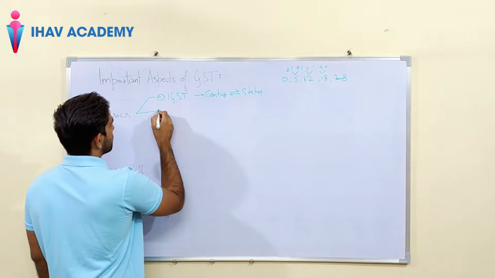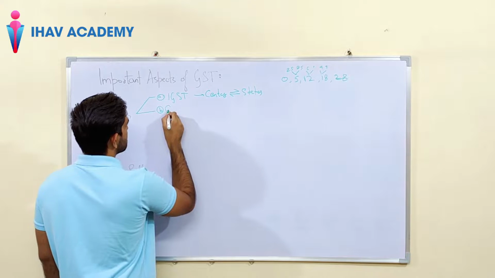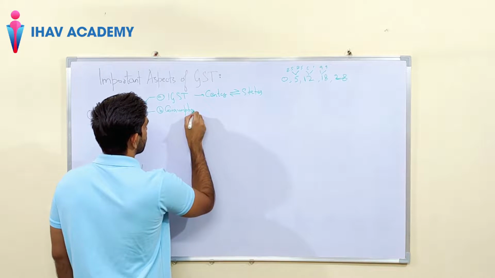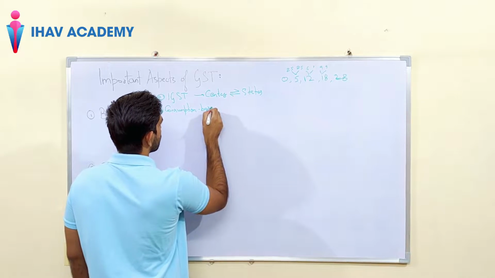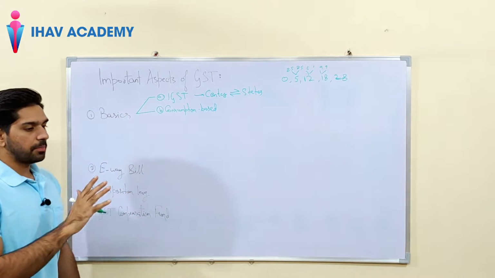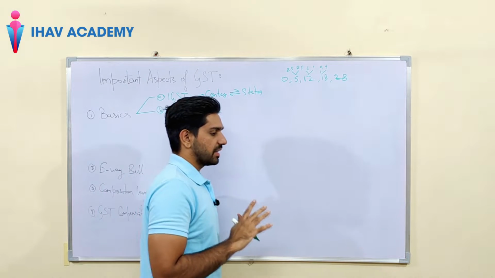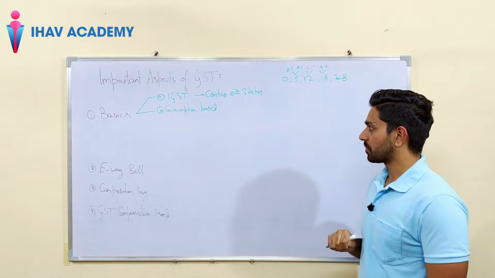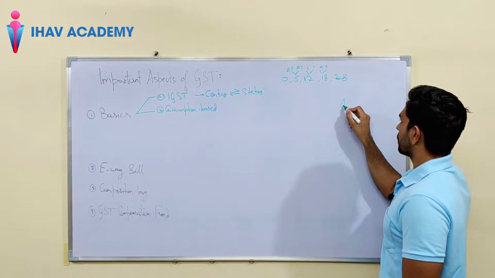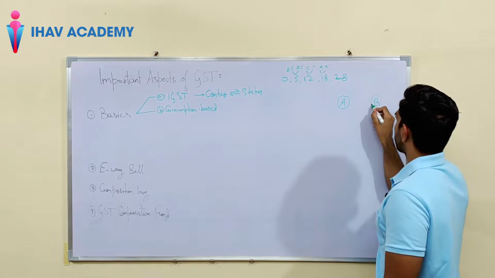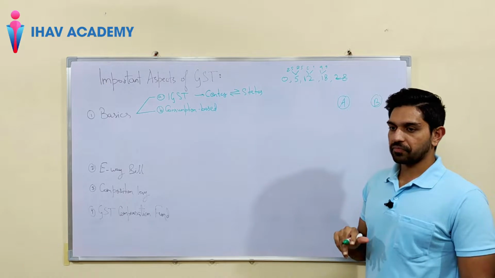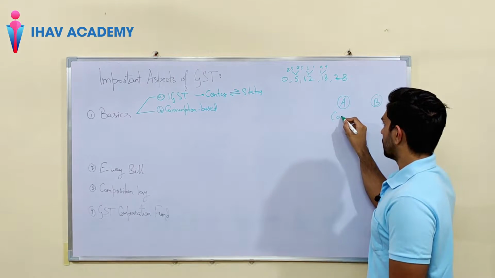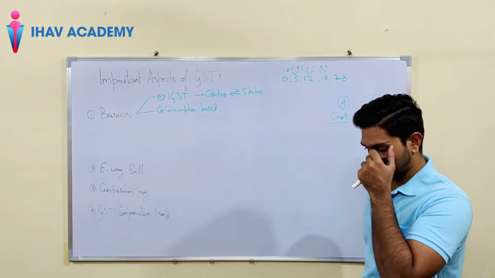The second aspect is that it is a consumption based or destination based tax system. What does it imply? It means there are two states A and B. In state A there is a beautiful manufacturing of the traditional cart toy.